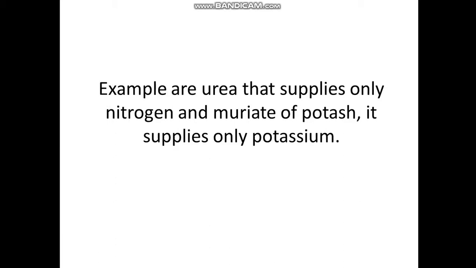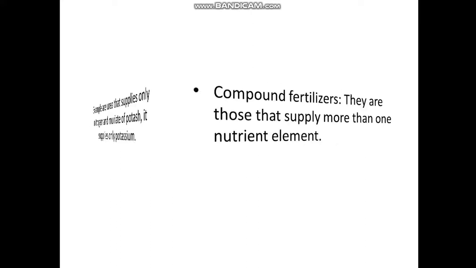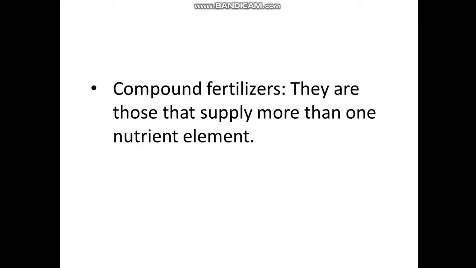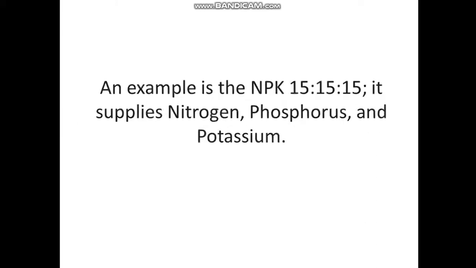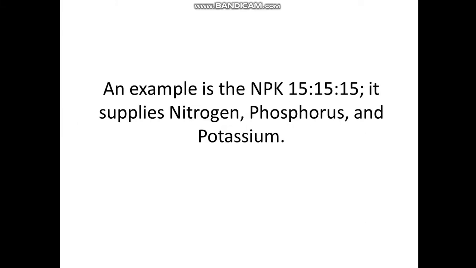Examples are urea that supplies only nitrogen, and muriate of potash, it supplies only potassium. Second, compound fertilizer. They are those that supply more than one nutrient element. As an example is the NPK 15-15-15. It supplies nitrogen, phosphorus, and potassium.